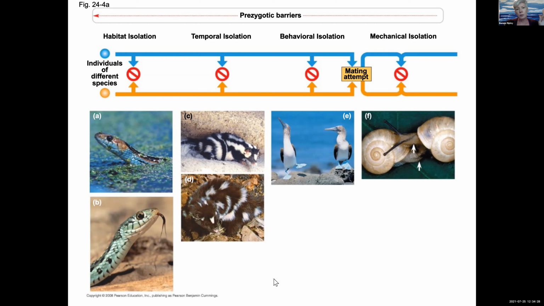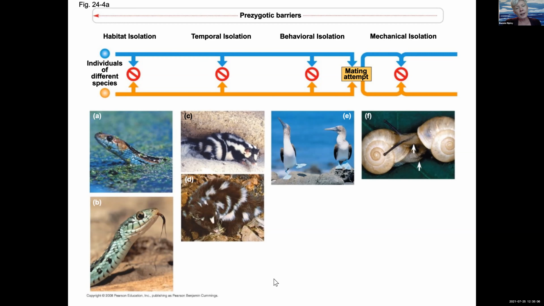Now, suppose the worst case happens, the male and the female do want to and physically manage to mate with one another and sperm fuses with egg, then there's going to be some negative consequences. So these negative consequences that happen as a result of the genomes not fitting together quite right, we're going to call those post-zygotic species isolating mechanisms. So the pre-zygotic barriers are really trying to prevent hybridization from happening in the first place.